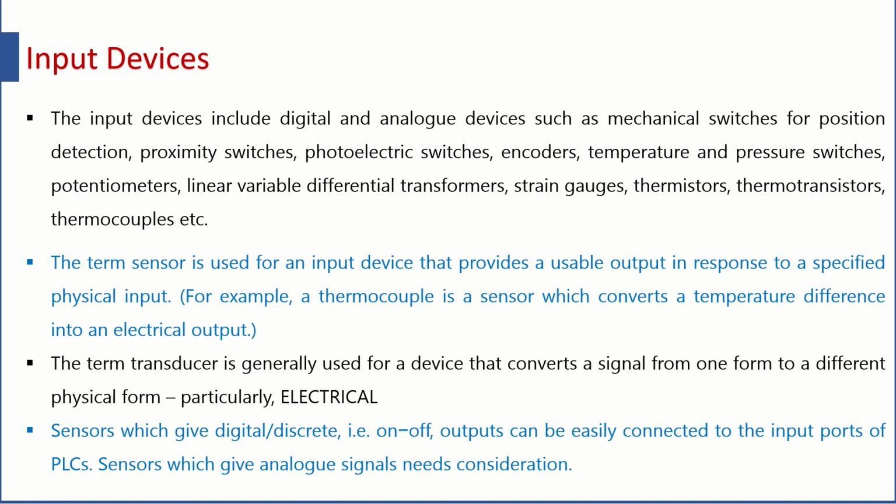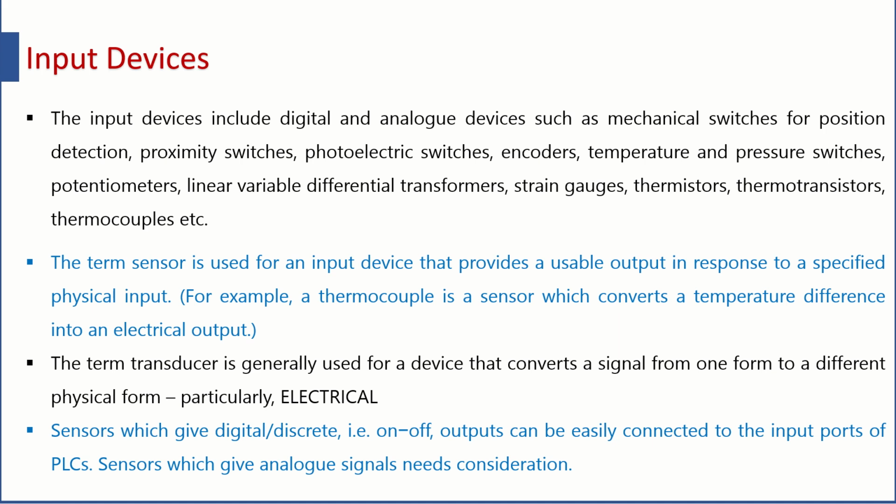If your application is a bit more complex, like you want to measure the position of the object, know its velocity, know the acceleration, which is more required for rotating bodies, then you can use encoders. If you want to measure some analog parameters, you can use temperature sensors, pressure switches, flow meters, level meters.